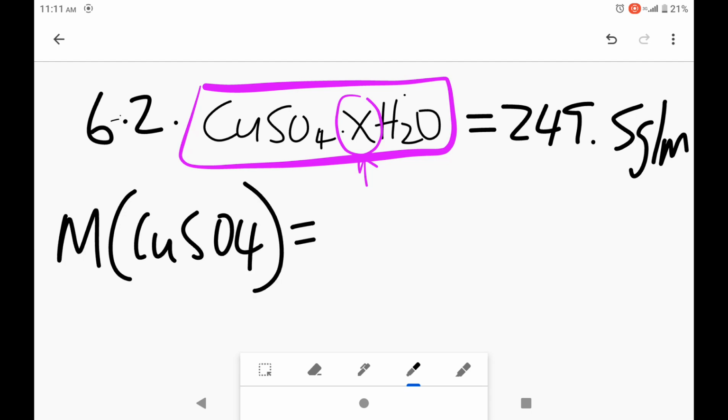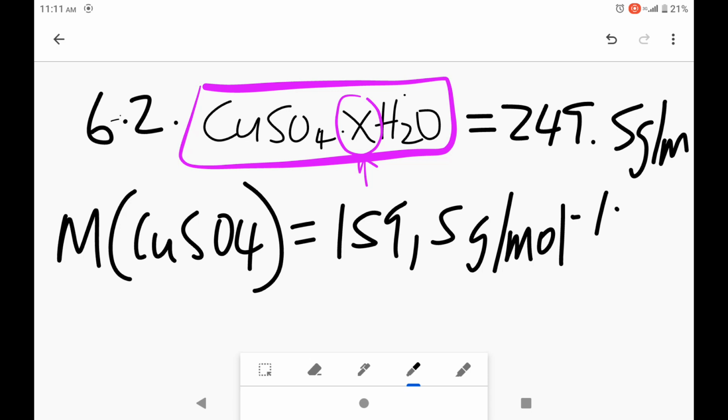If you go to your periodic table, you check copper, sulfur and oxygen, and the total will give you 159,5 grams per mole.